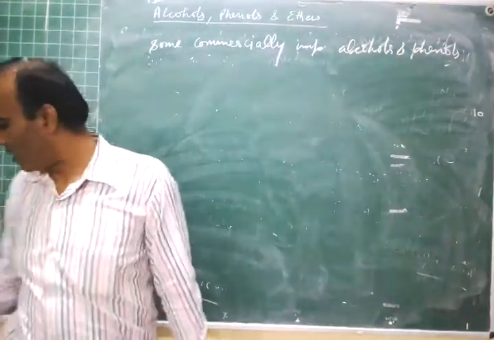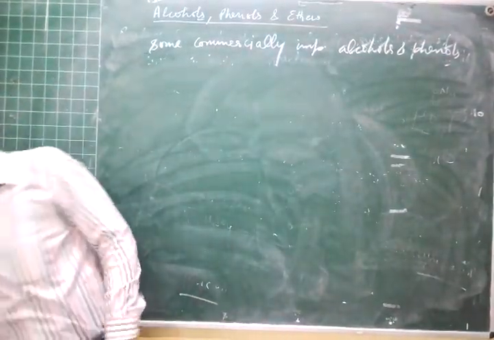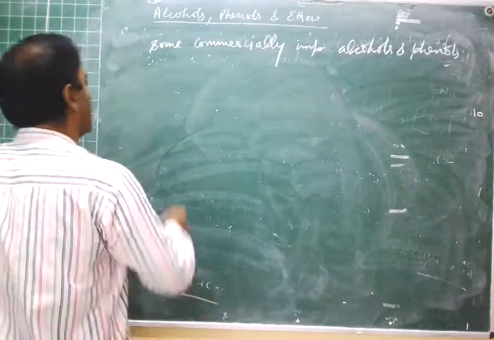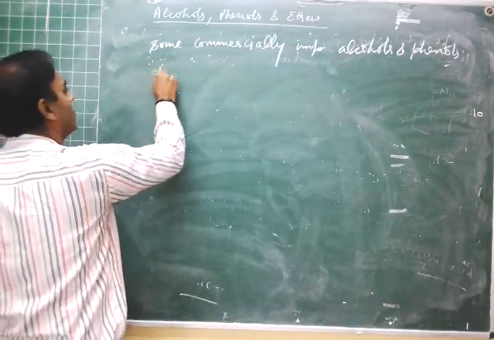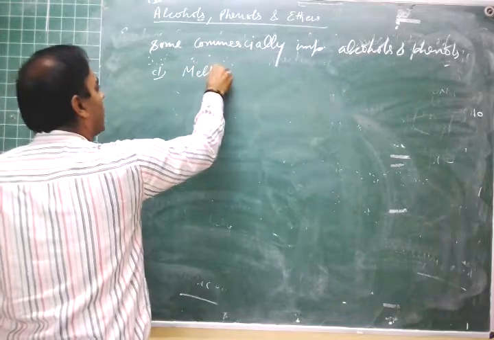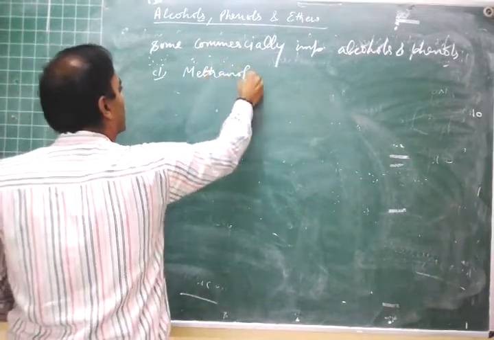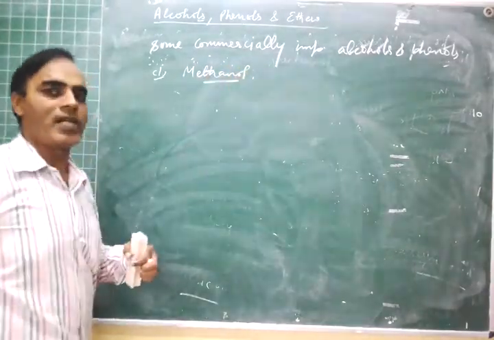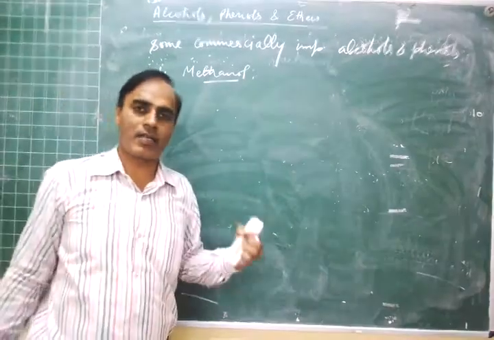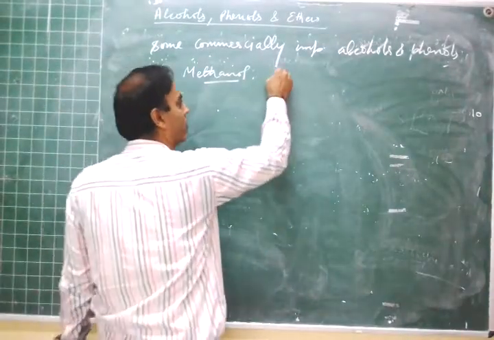Right, and in this we will discuss two types of alcohols, that is methanol and ethanol. So methanol, earlier it was prepared by the destructive distillation of wood.